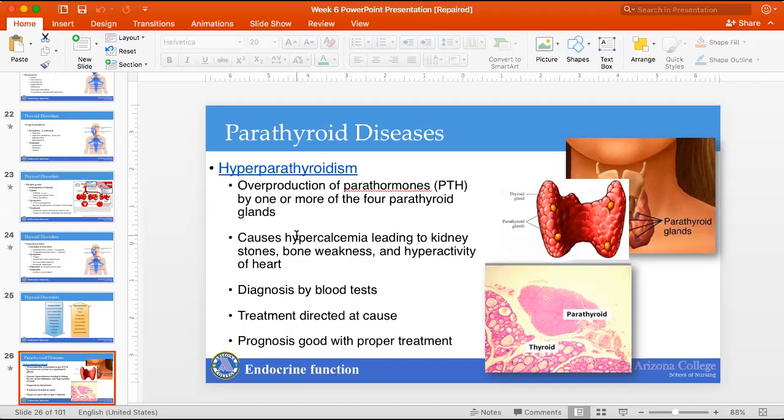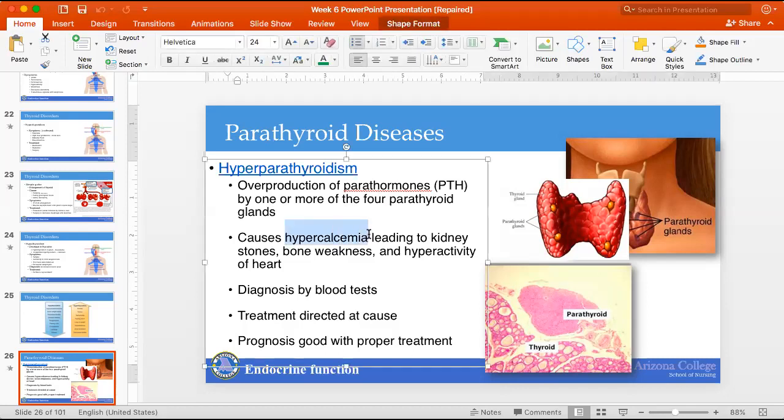Causes could be hypercalcemia, so it's high blood calcium levels, leading to kidney stones, bone weakness, and hyperactivity of the heart. Anytime you have a fluctuation in calcium in your body, remember calcium is very important for muscle contraction, both for skeletal muscle and for heart muscle.